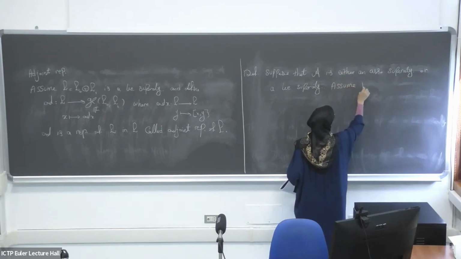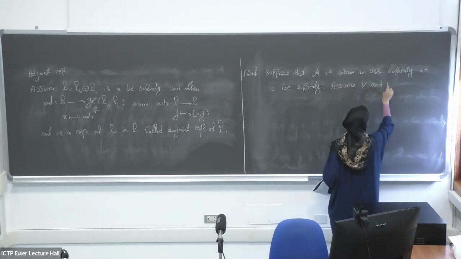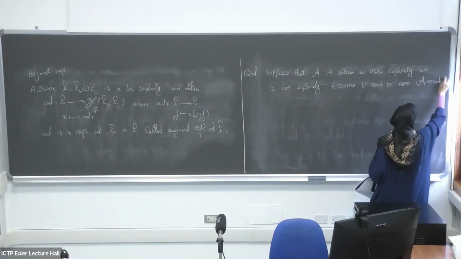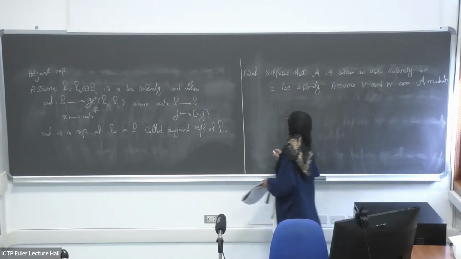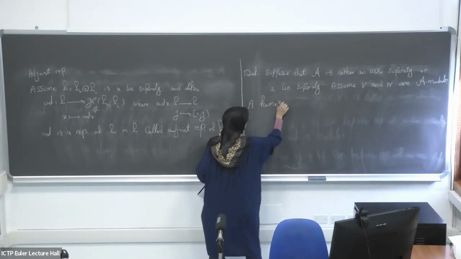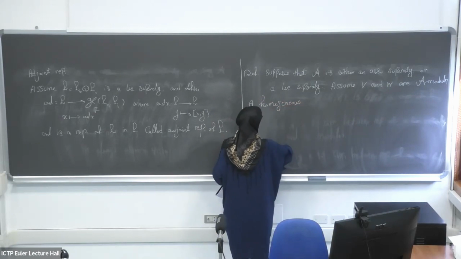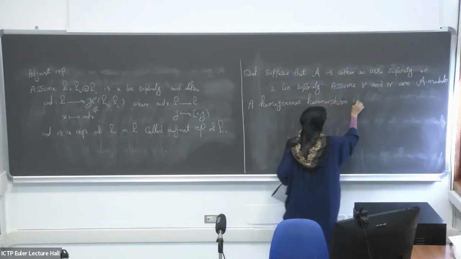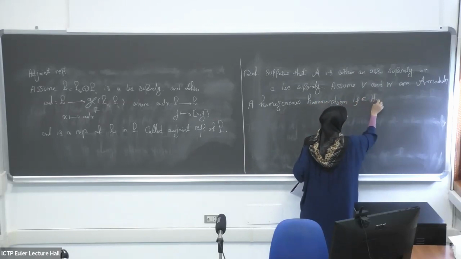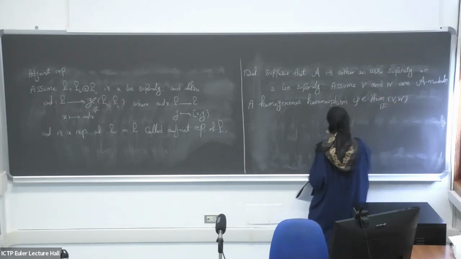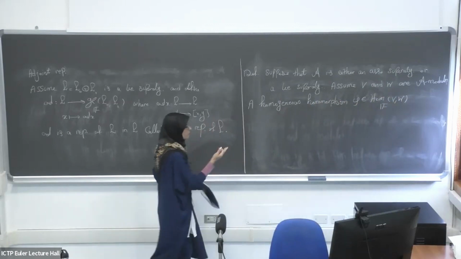We also assume V and W are two A-modules. A homogeneous linear homomorphism phi from V to W. We assume phi is homogeneous.